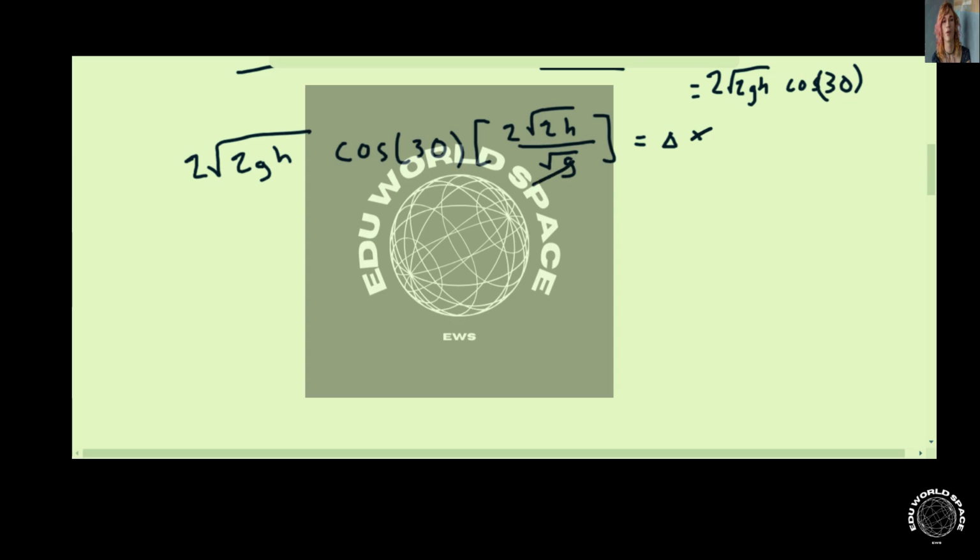So now we can cancel these two out. Combining these terms, we get 4, so 8h times cosine 30 is equal to delta x. So we find that the horizontal distance is then equal to, after evaluating cosine 30, 6.93 h.